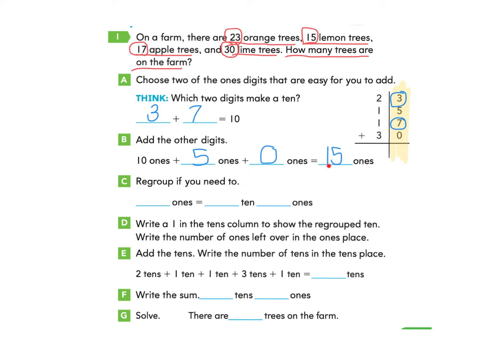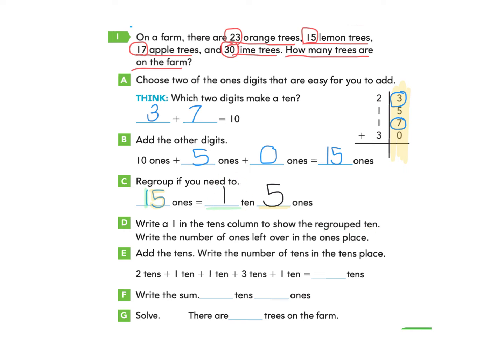So I have 15 ones that are the total of all of these numbers in my ones column. I know that 15 is one group of 10 and 5 ones. Now I will write a 1 in the tens column to show the regroup 10.